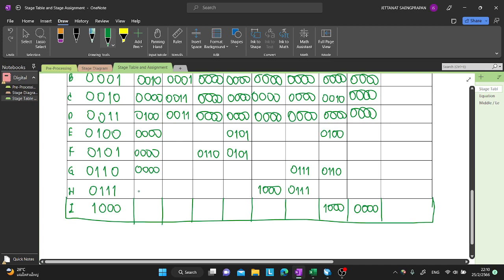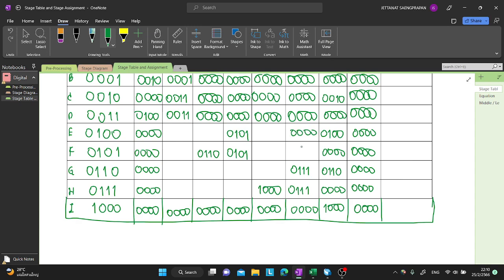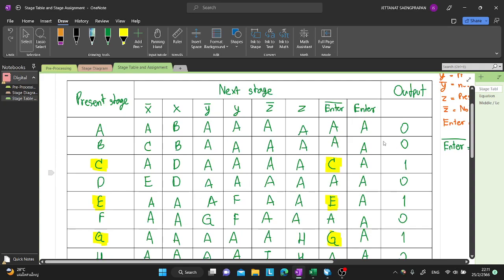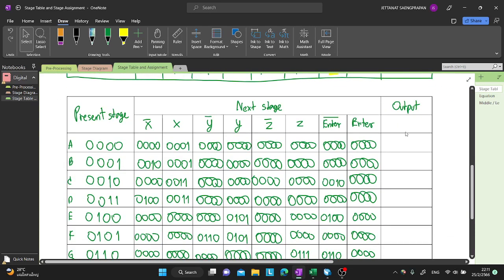This is going to take a while. The output is like a state table, so I can write it here.